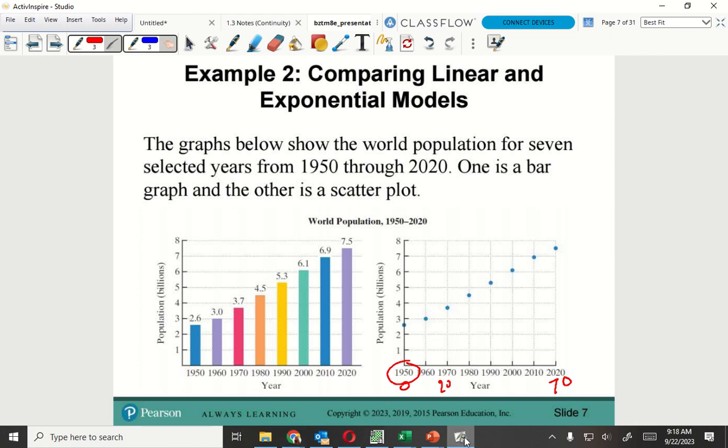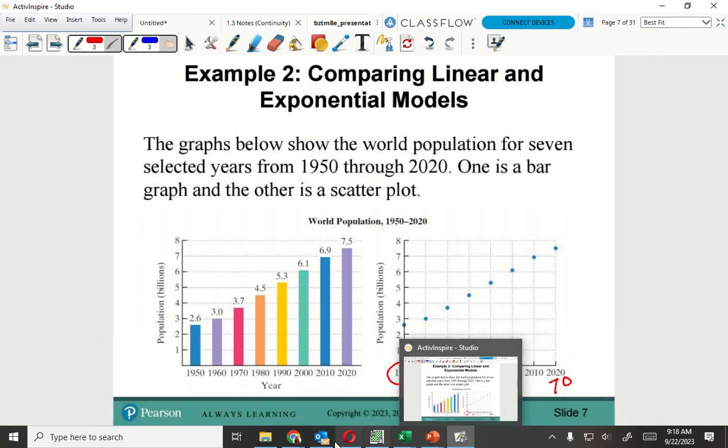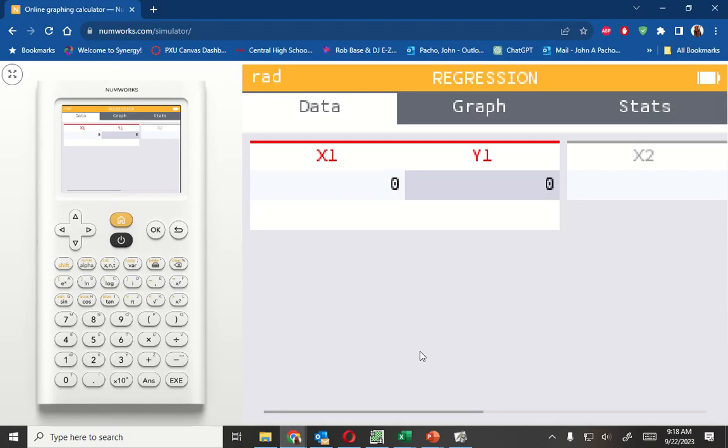The second one, where it says Y1? And so we're here. 2.6 would be my Y. The next X value is going to be what? What do we say 1960 was? 10 years, right? It's 10 years.